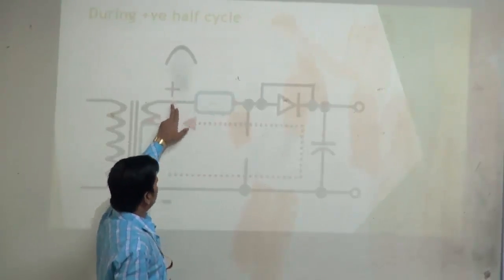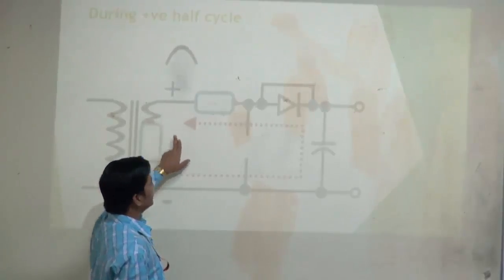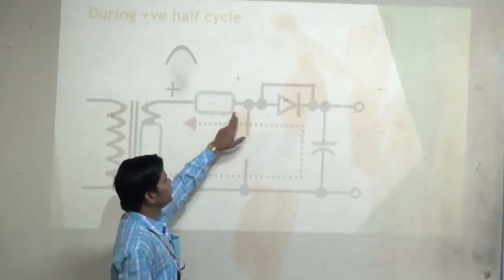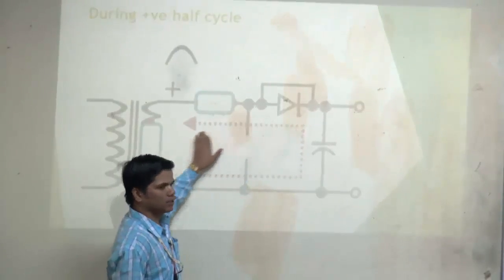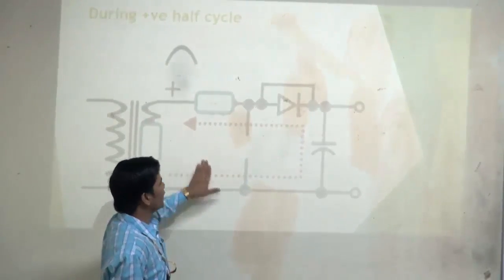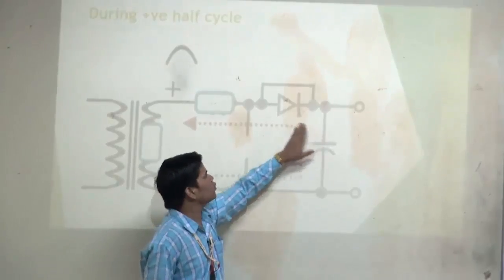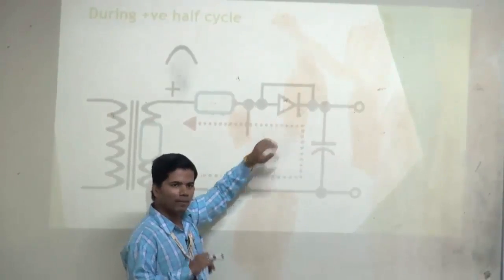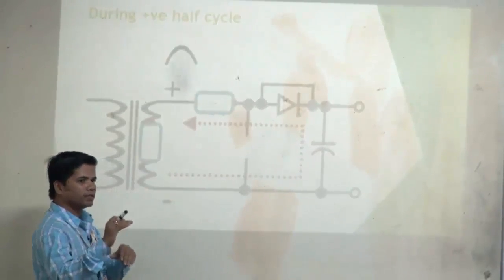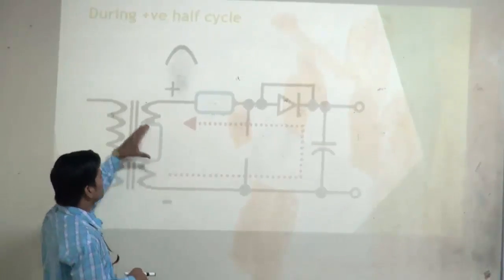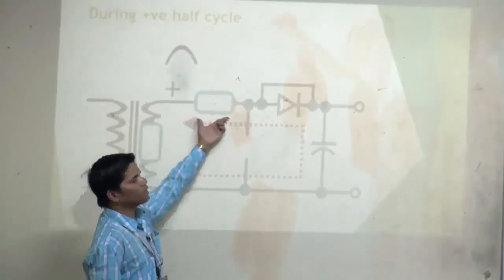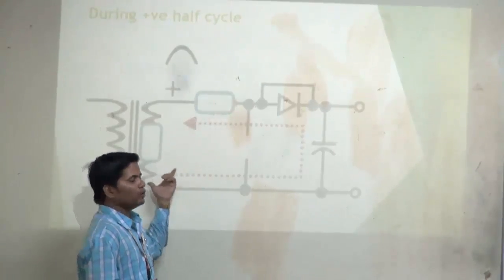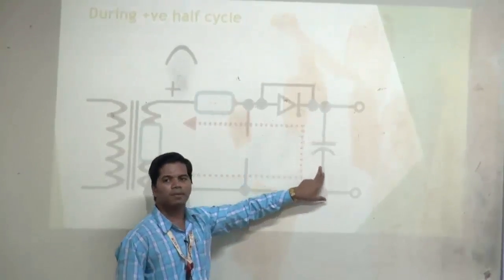Whenever we are giving the positive half cycle, this will be reverse biased, this will be forward biased, and the current will flow in this direction. It will charge this capacitor through this diode. So the cumulative charge, Vmax from here and Vmax from here, collectively will be available across this capacitor.